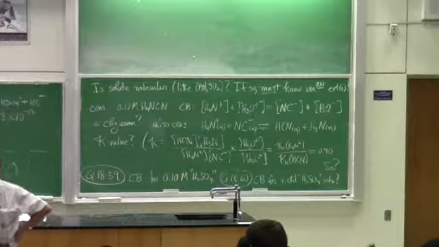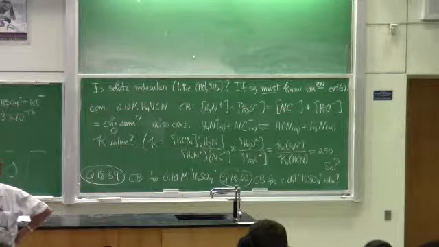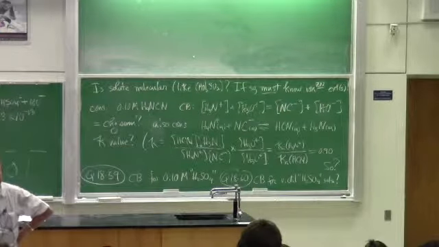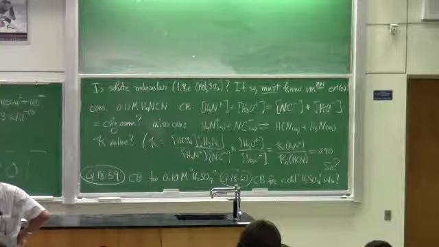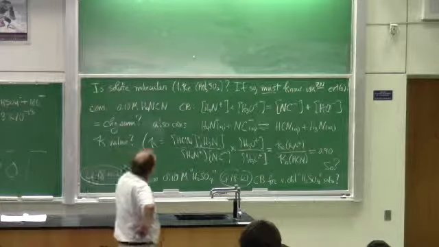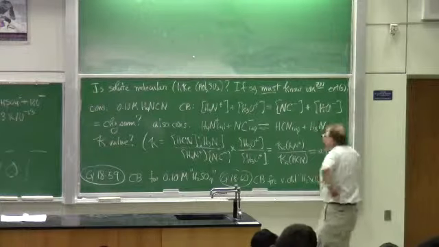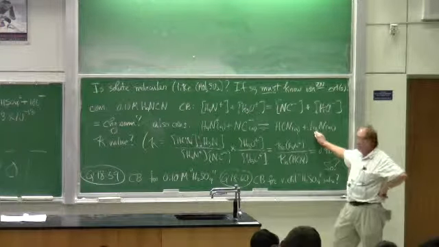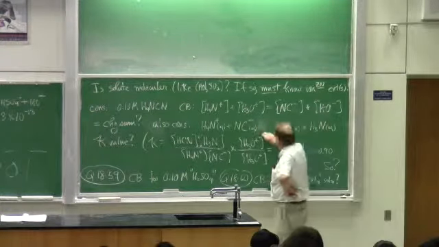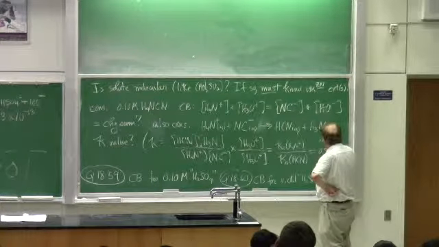What's Ka HCN? 6.2 times 10 to minus 10. Do you find an extreme degree of similarity between these Ka values? Yep. What does that mean about this reaction going left to right before the equilibrium condition is established? What does that mean about this reaction from an extent standpoint? Approximate extent.